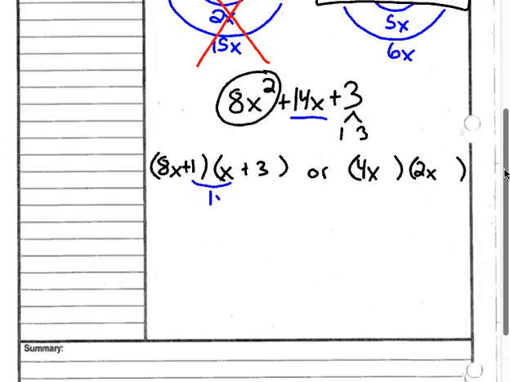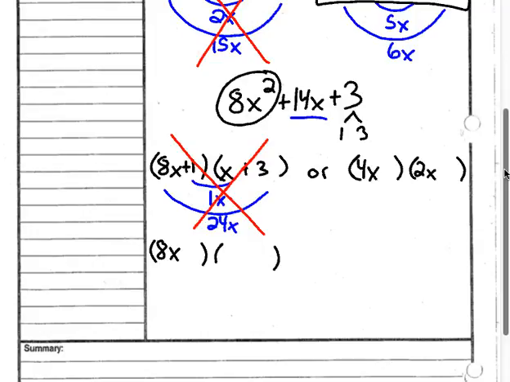So here I get 1x and 24x. So that one's not going to work for me. Okay. Now let's try reversing it then. So remember, if that didn't work, let's try reversing the 3 and the 1. So this time, let me do it in blue again.